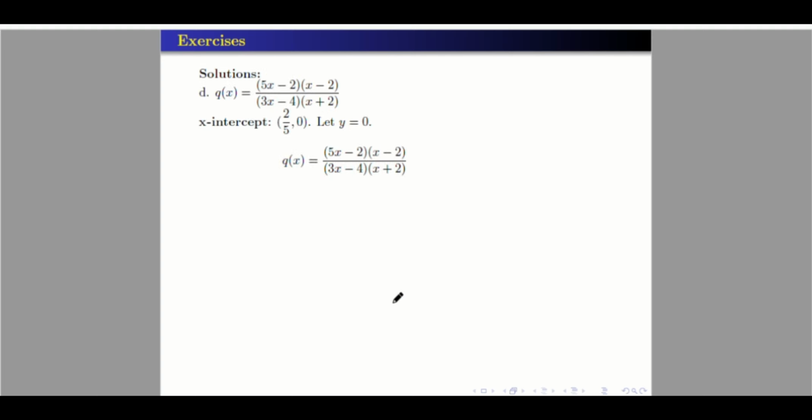And for the x-intercept, so let y equal 0. So this will become 0. Okay, and then cross multiply. So this is 0 over 1. Okay, so we have this. So therefore 5x minus 2 equals 0, or x minus 2 equals 0.